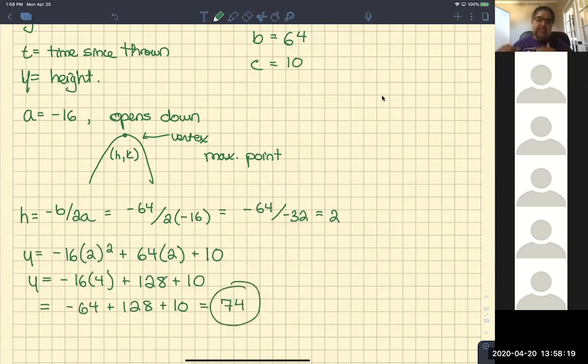So the y-coordinate is 74. That means the highest point of this ball is going to be 74 feet. So the vertex is (2, 74). And that means it's going to reach its highest point in 2 seconds, and the highest point it's going to reach is 74 feet.